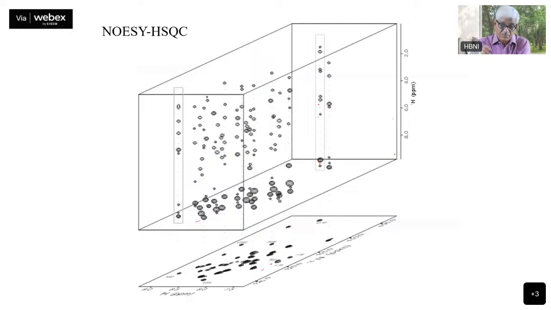So remember, these are proton-proton NOEs. These are not heteronuclear NOEs. The J coupling correlation appears in the form of HSQC, and the NOEs are proton-proton NOEs. Therefore, this is structural information. The TOCSY HSQC had the spin system identification, and the NOESY HSQC will have the structural information in the molecule.